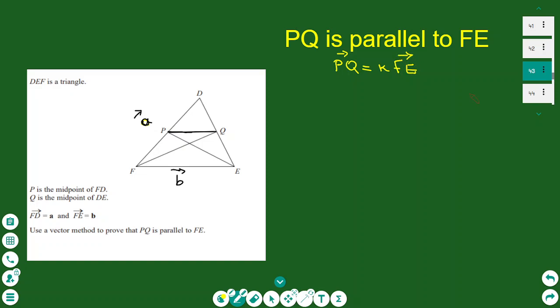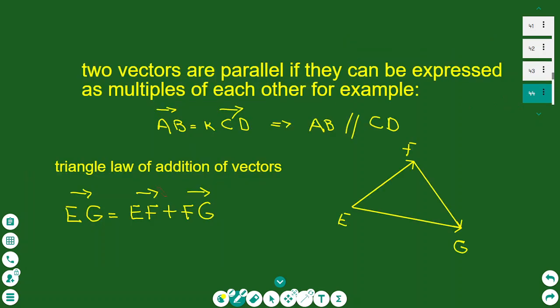And to show this equation, we use the rule of addition of vectors. One law of addition of vectors is the triangle law, which says that if three vectors make a triangle, I can add them in this way.